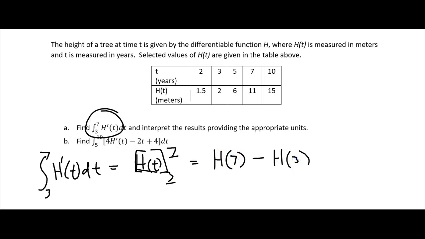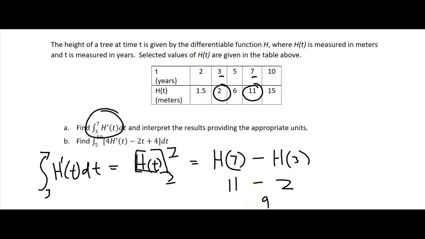And then from there, we could just use the chart, h of 7. So I need to find out where t equals 7 and find the h value that goes with it, and that means h of 7 is 11. Next, we have h of 3. So the h value that goes with it is 2, and therefore my final answer is 9. So that's 1 point, being able to get down to that answer there.